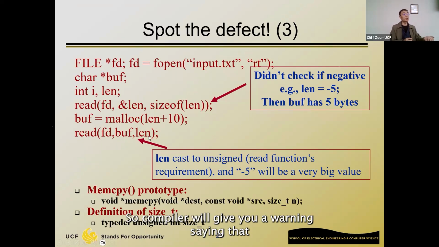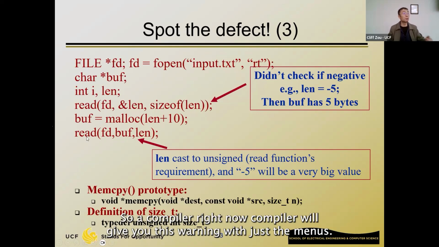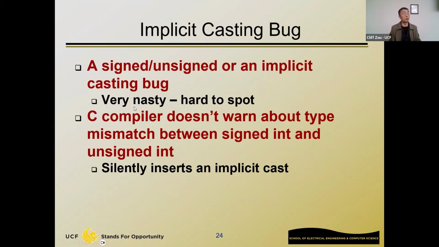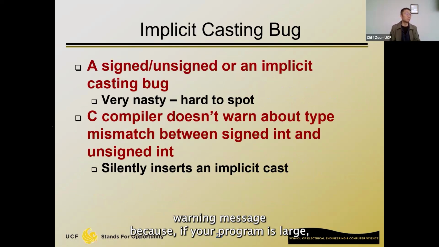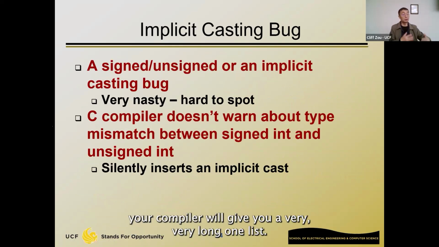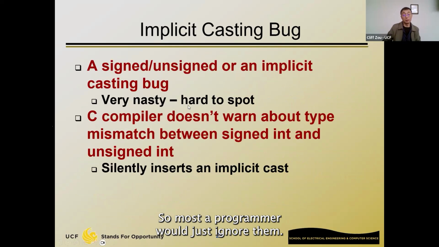So the compiler will give you a warning saying that there is an implicit cast in this input to the read function. It's just that many programmers ignore those compiler warning messages because if your program is large, your compiler will give you a very, very long warning list. So most programmers just ignore them.